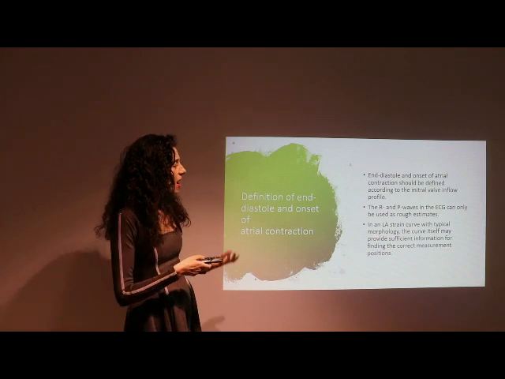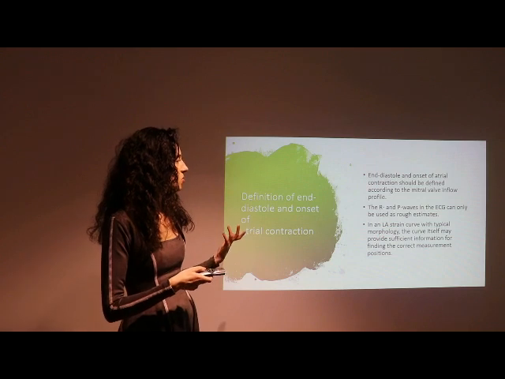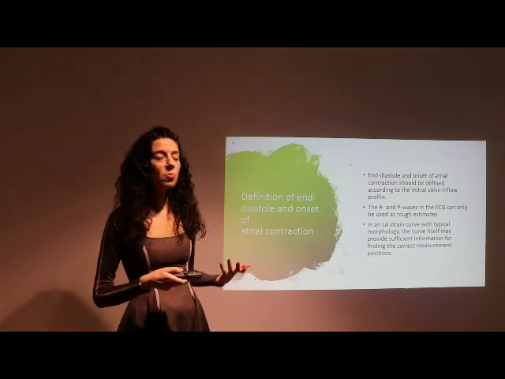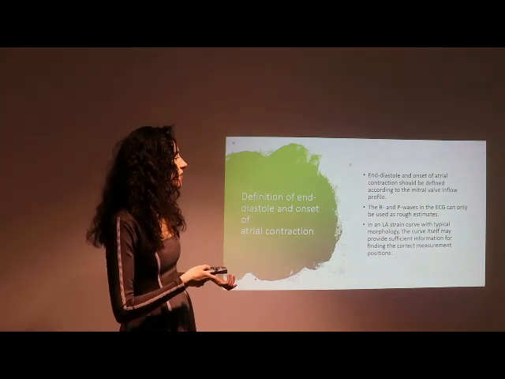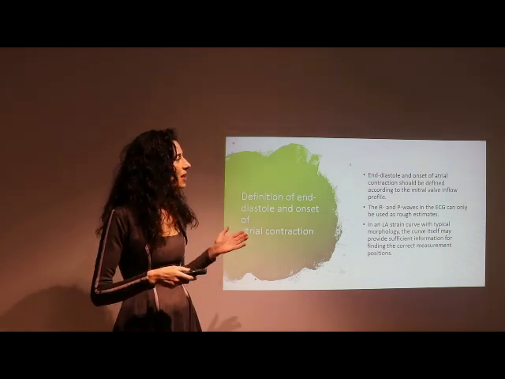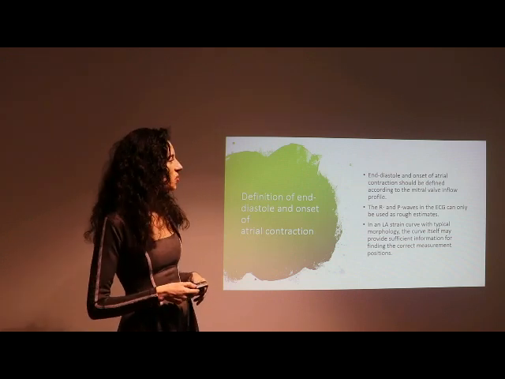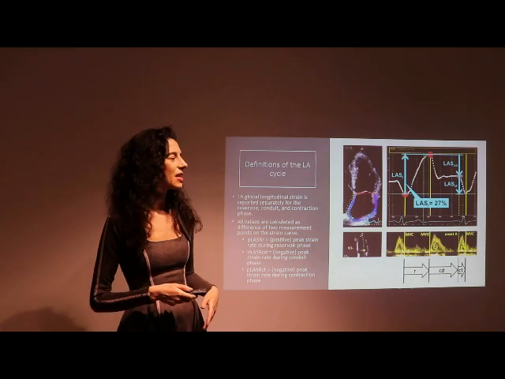Sometimes the curve of the left atrial strain with its typical morphology could serve itself as a sufficient guide for the end diastole and the onset of atrial contraction, and you could see this in the next slide.